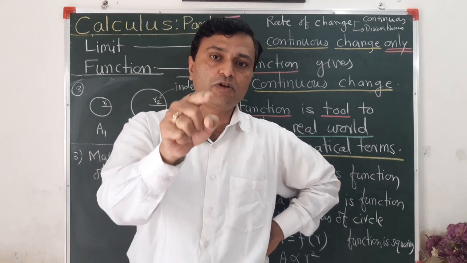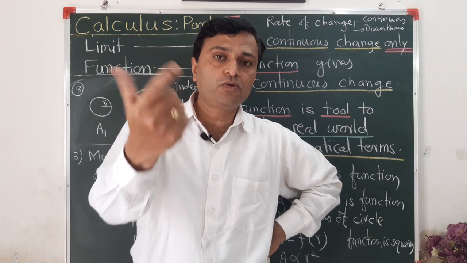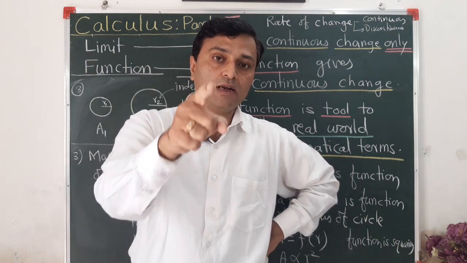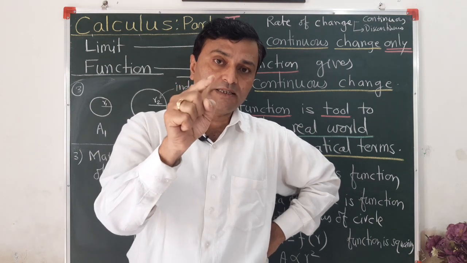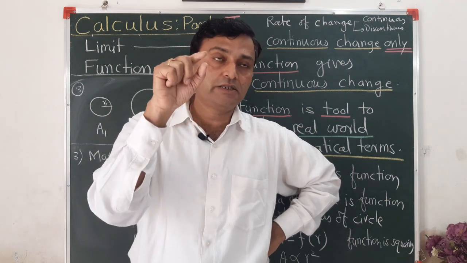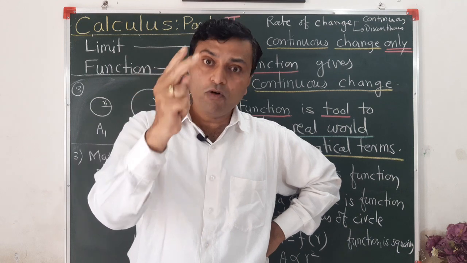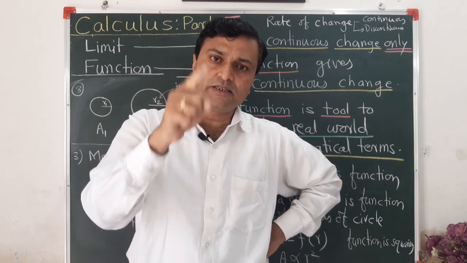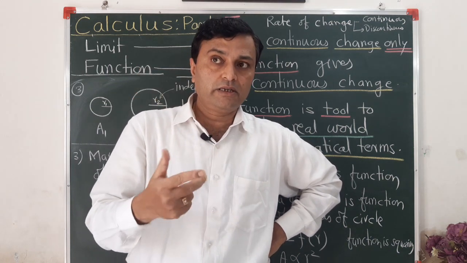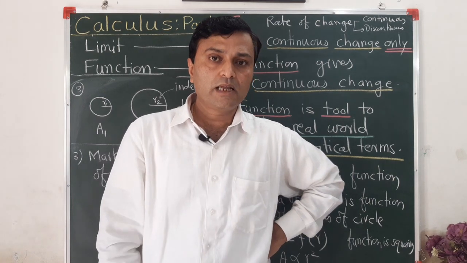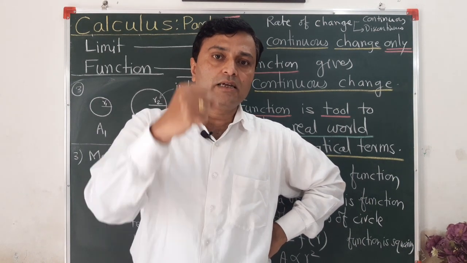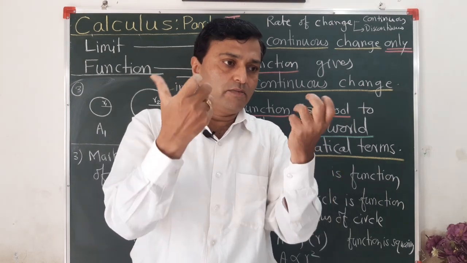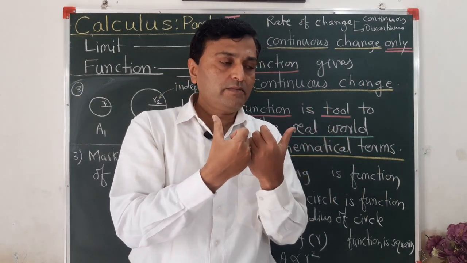Suppose we put x as 0, y will say 0. If you put x as 1, y will say 1 square, which is 1. If you put x is equal to 2, then y will say x square, which means 4. If you put x is equal to 3, then y will say 3 square, which means 9.